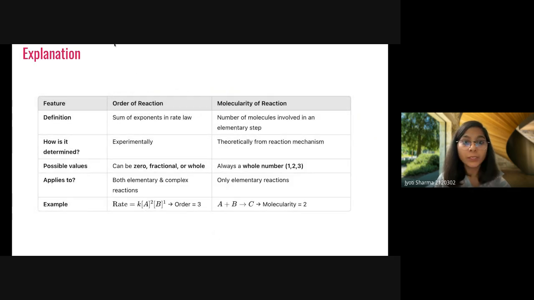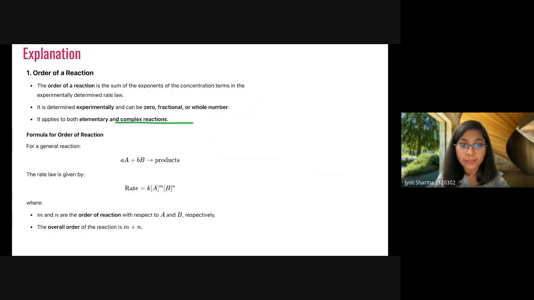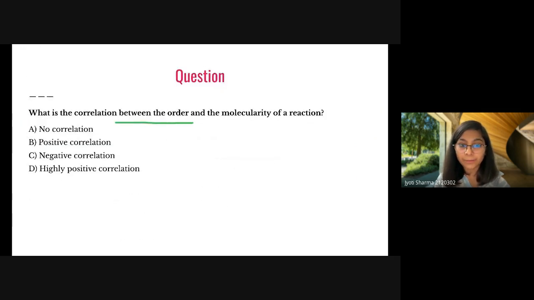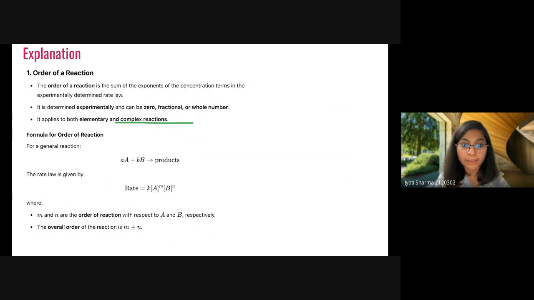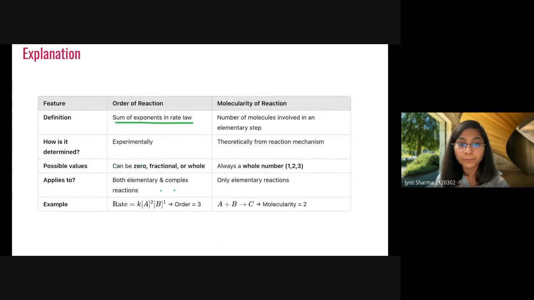So if we compare the order of the reaction and the molecularity of the reaction, then the definition is: order of the reaction is the sum of the exponents in the rate law, as I have already discussed, right? Here, this m and n are not the same as a and b, and this is giving you the sum of the exponents in the rate law.